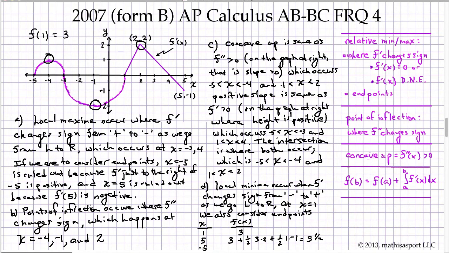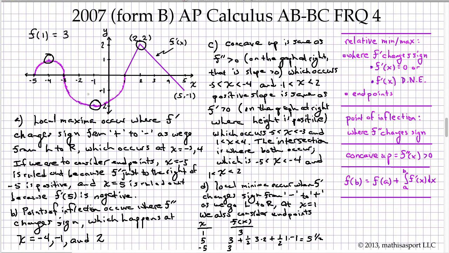Now let's consider -5. Here, we're again using the fundamental theorem, adding signed areas starting at the location of a known value, and then going, in this case, from right to left, the signed area of the derivative. So from 1 to -3, we have a negative signed area, but because we're going from right to left, we're going to add it in positively.